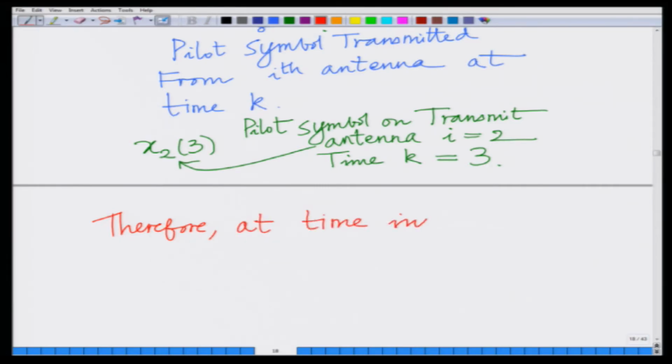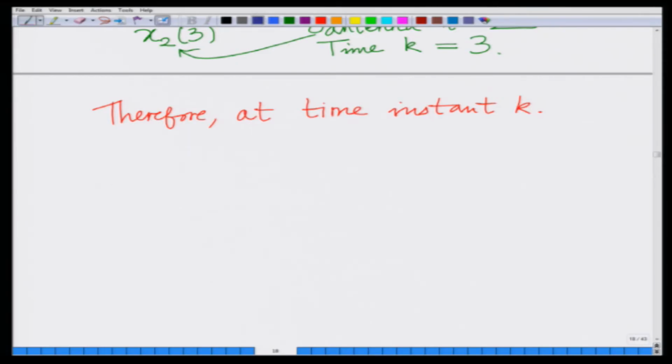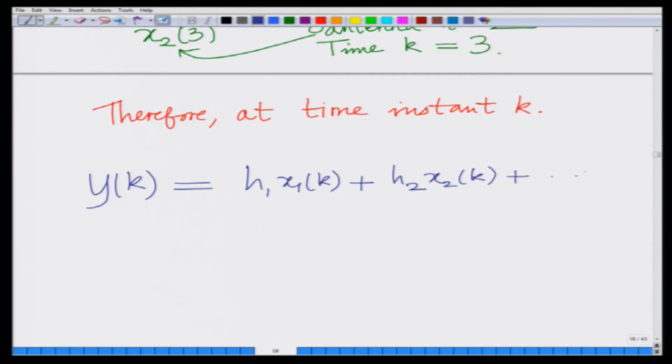at time instant k, if we have the observed symbol yk, let me write this clearly, yk which is the received symbol, this is equal to h1 x1 of k plus h2 x2 of k plus so on plus hm xm of k plus vk.